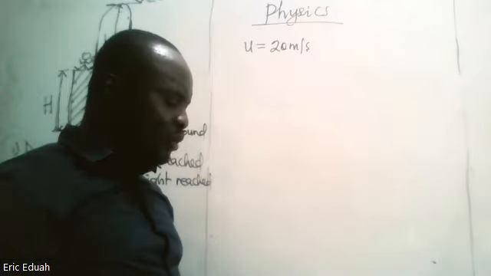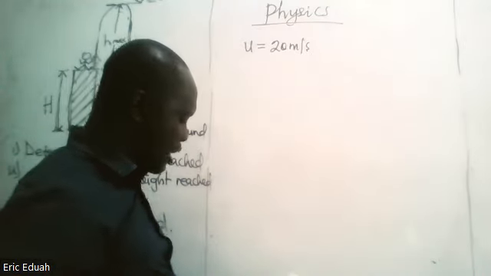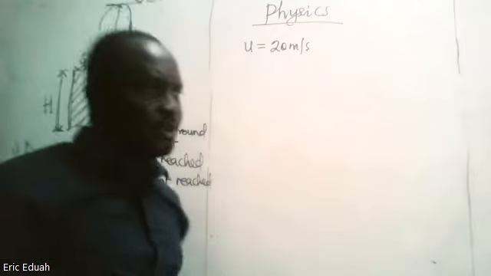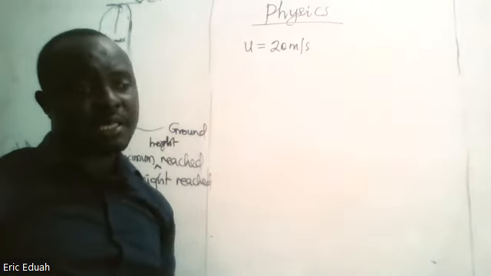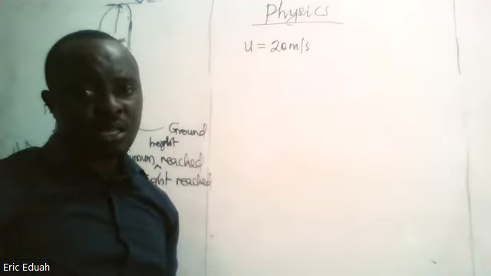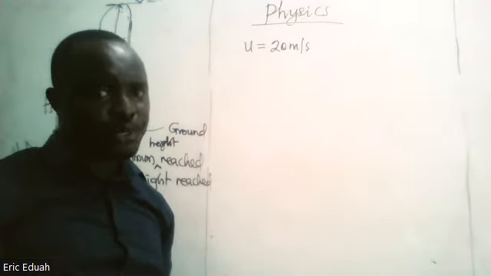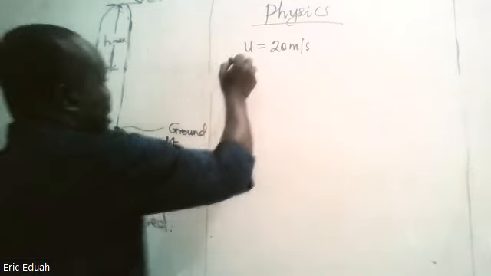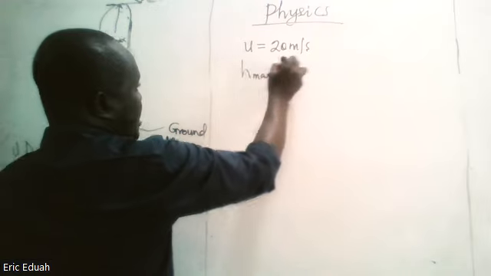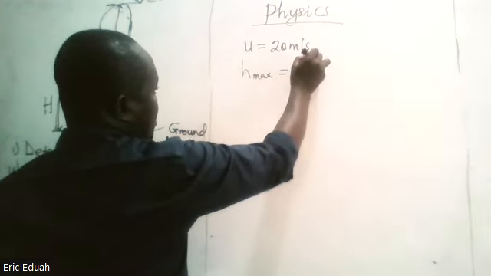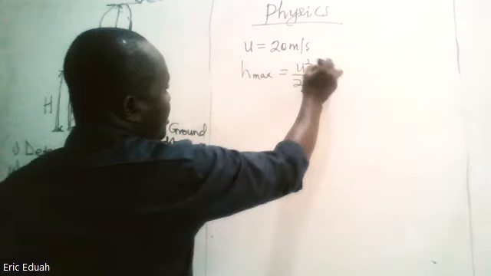How high will it go? It means we are looking for the maximum height, or the greatest height the body can get to after being thrown or projected. And H max, or the greatest height, is equal to u squared on 2g.